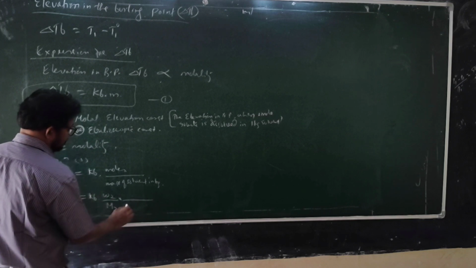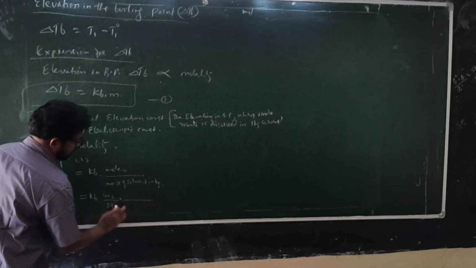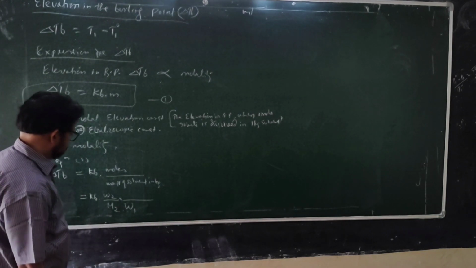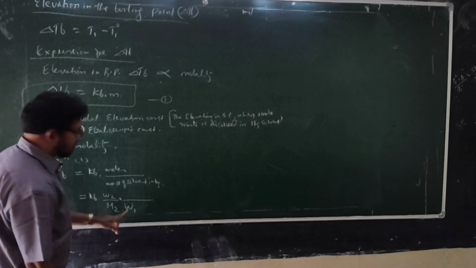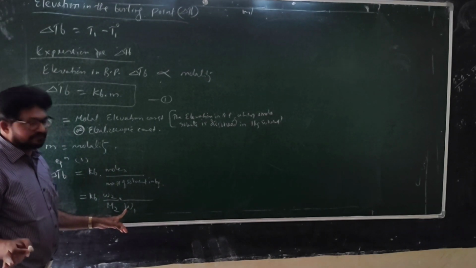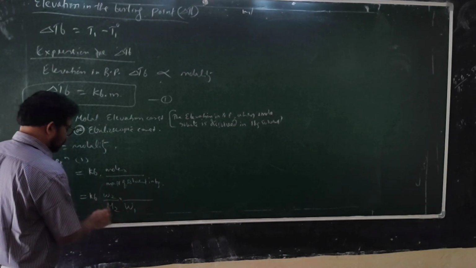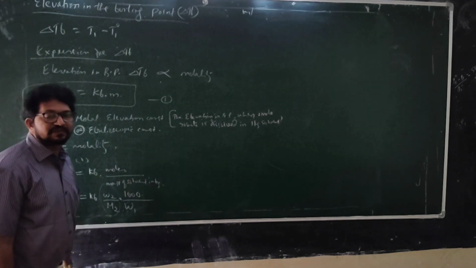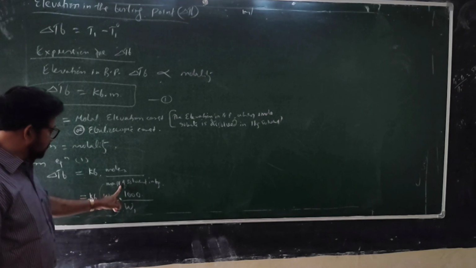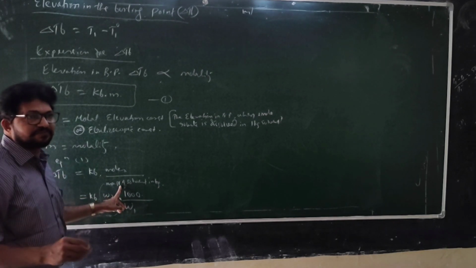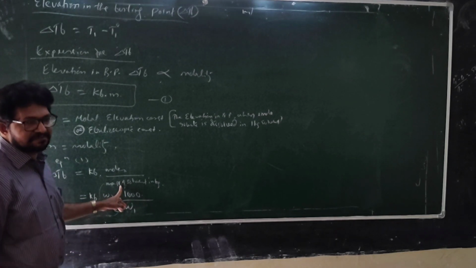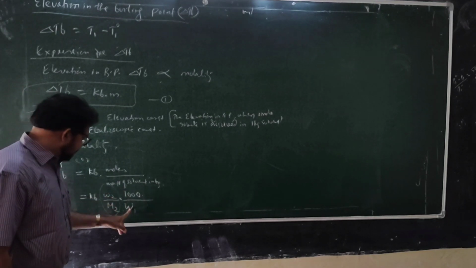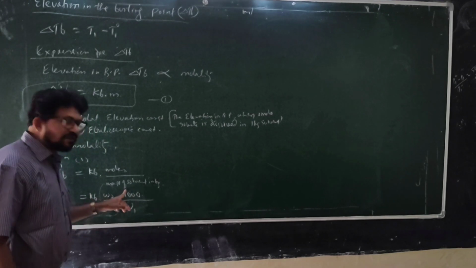If the solvent mass is not in kg but some other mass, say 20 gram, then for 20 gram this many moles, for 1000 how much?